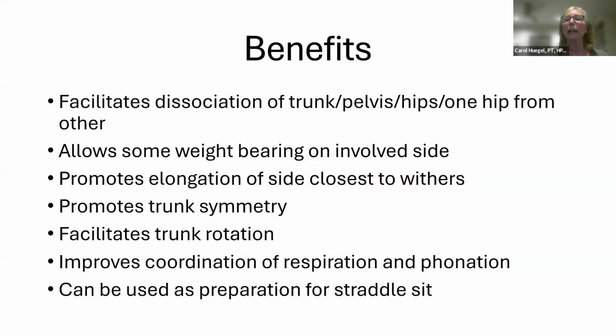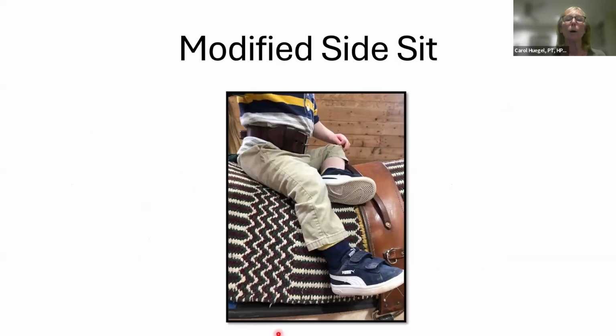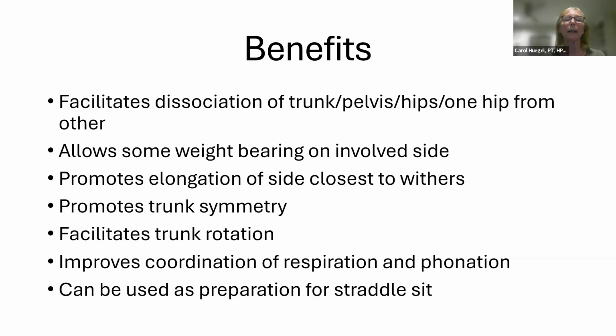It promotes elongation of the trunk on that side that's closest to the withers, therefore promoting trunk symmetry. Because of the nature of the position, we are facilitating some trunk rotation, which you can appreciate here. It improves coordination of respiration and phonation, and it can be used as preparation for getting them to the point where they can straddle sit.